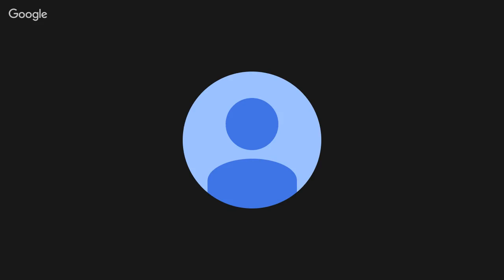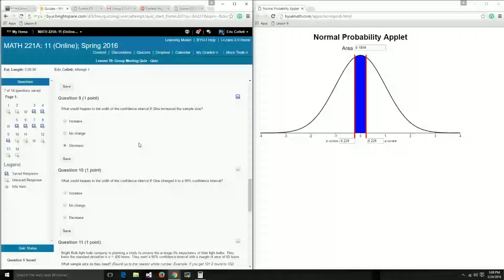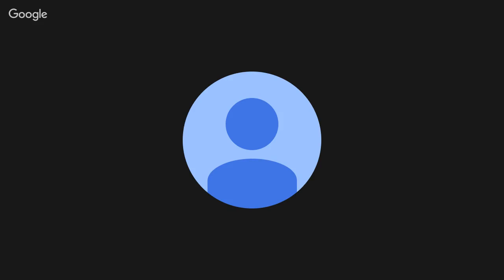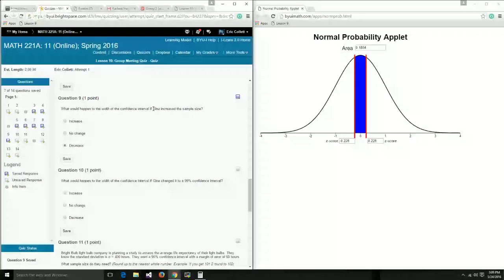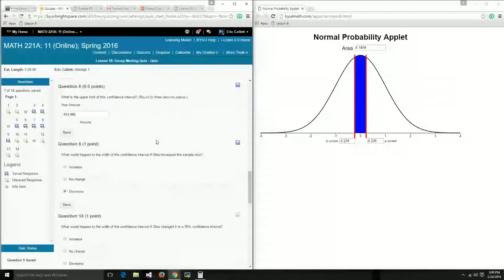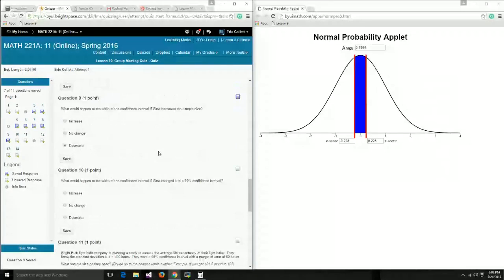So with the confidence interval, this is true of any confidence interval, 99%, 95%, 90%. If you have a larger sample size, then you have greater power to estimate the population. So your confidence interval will get narrower.